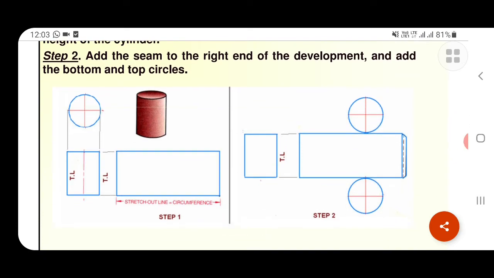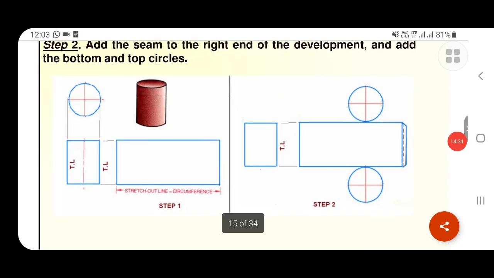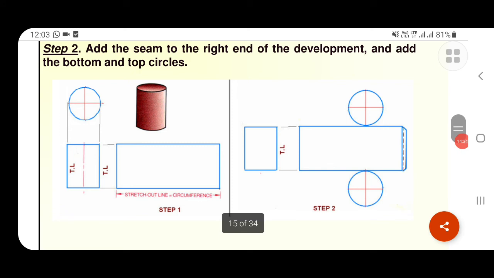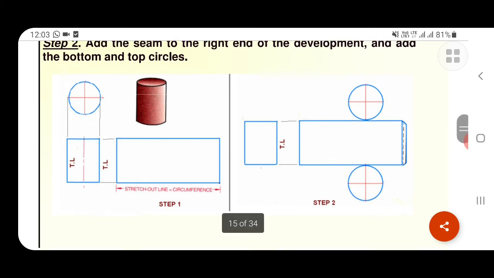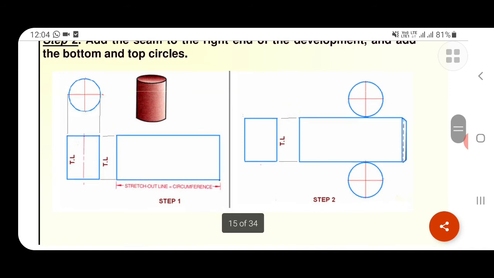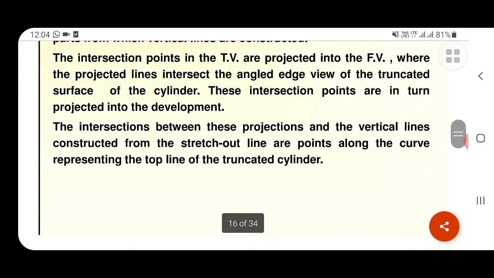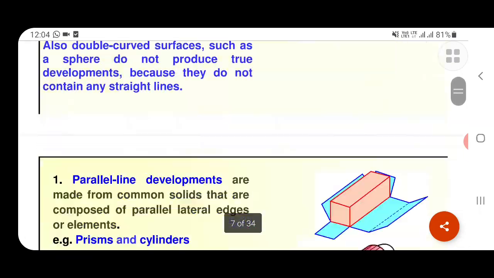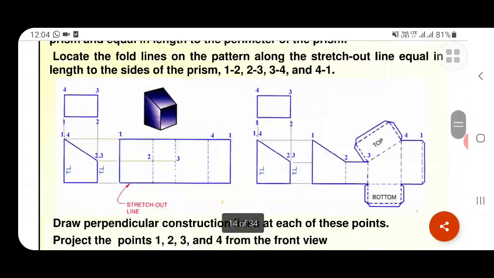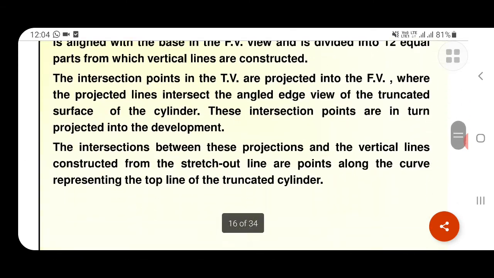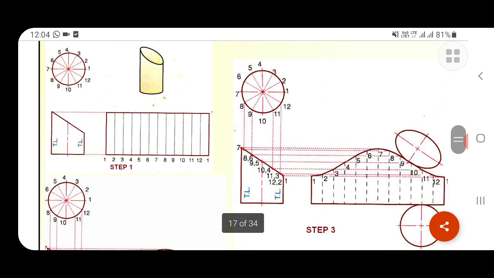How to show the development of cylinder? This is an example of a cylinder.